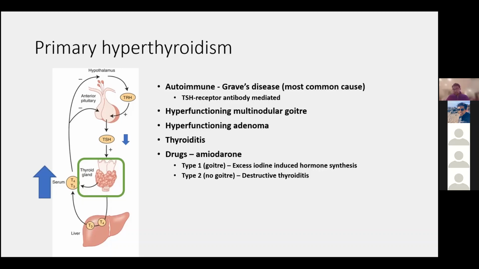Type 2 is destructive thyroiditis. So this is where the amiodarone actually causes the thyroid gland to become inflamed and atrophy. So you get no goiter. And the reason that you get hyperthyroidism in these patients is similar to how you get it in viral thyroiditis: the gland becomes inflamed and any stored thyroid hormones are released into the circulation.